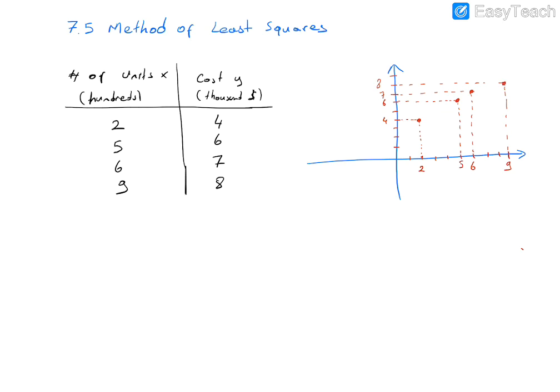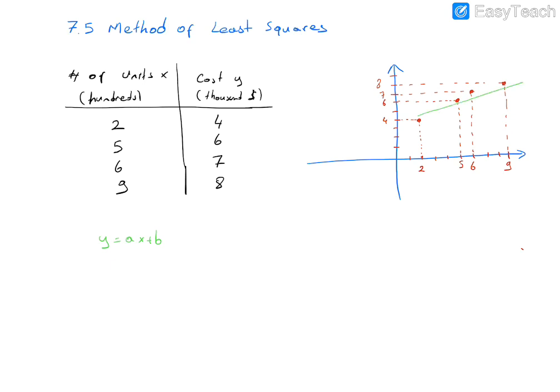So, our aim is to find a line which represents this data best. What is the equation of the line? y equals ax plus b. Actually, we don't know what a and b are. Our aim is to find a and b. So let's say this line is the best line.